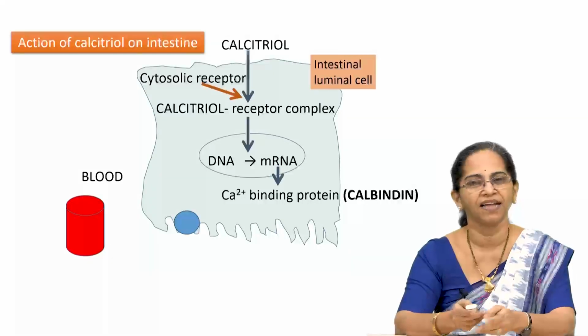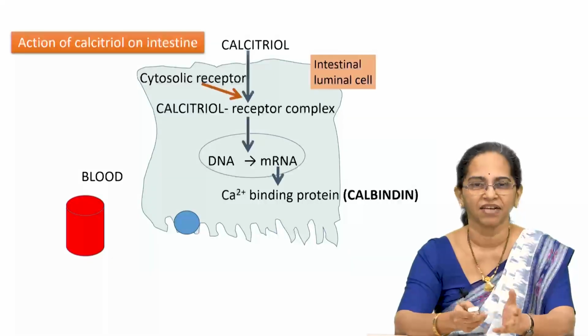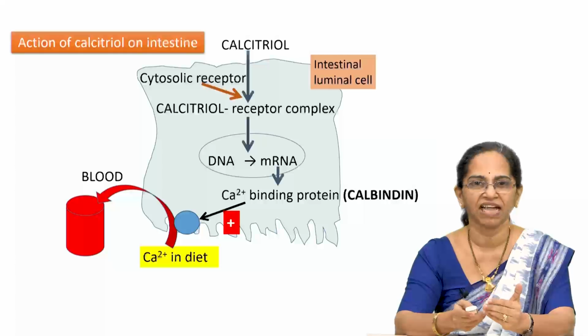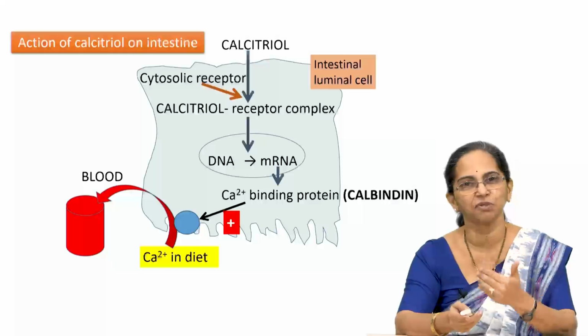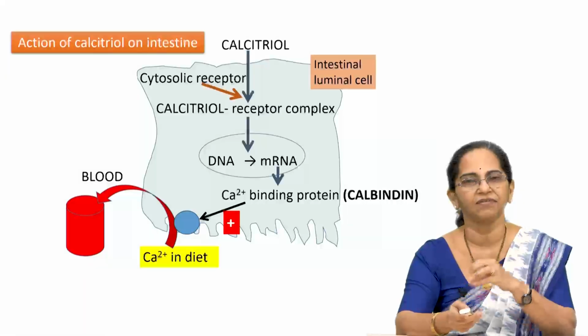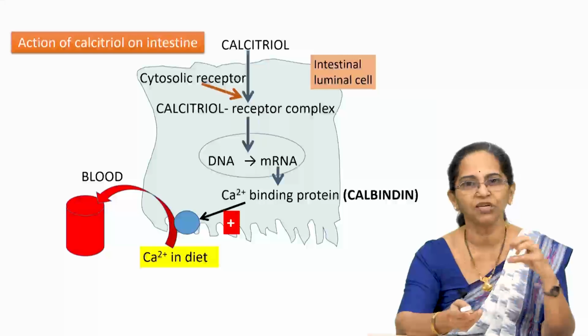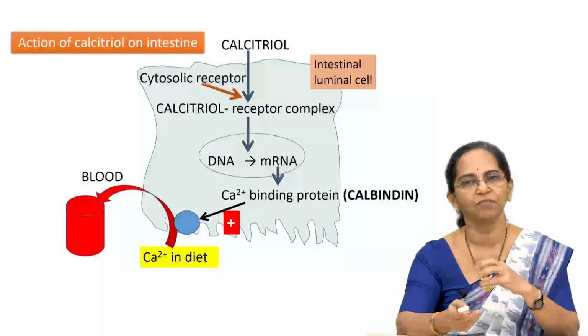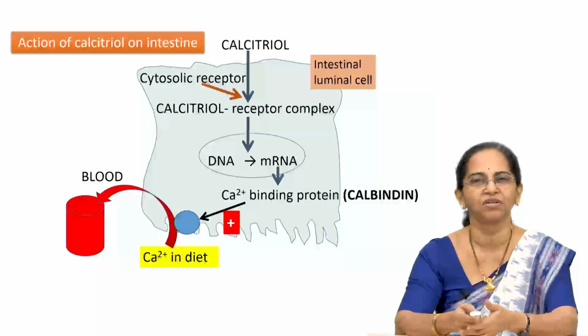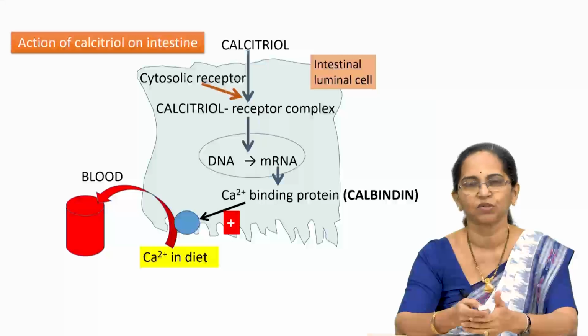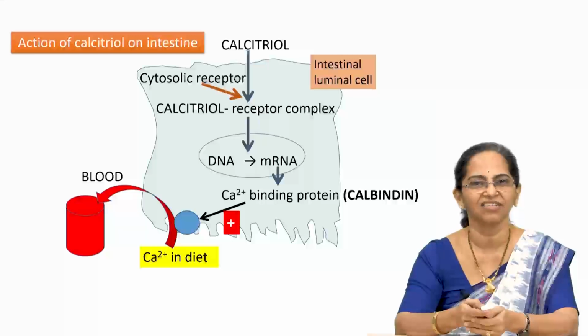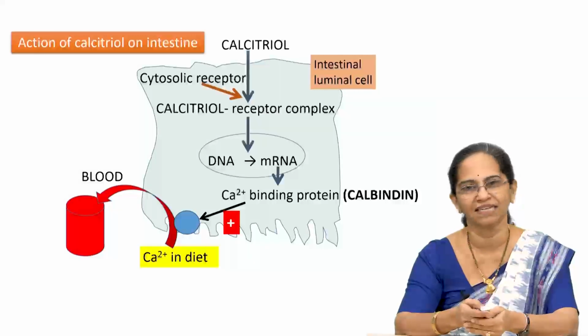So, calbindin, as you can see in the picture, tries to bring in the dietary calcium. Whatever calcium we have consumed in the diet, calbindin will try to suction it into the cell, and from the cell you can see in the picture towards the blood. So, this is called calcitriol action on the intestine.